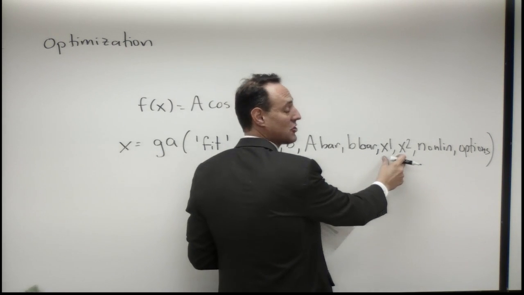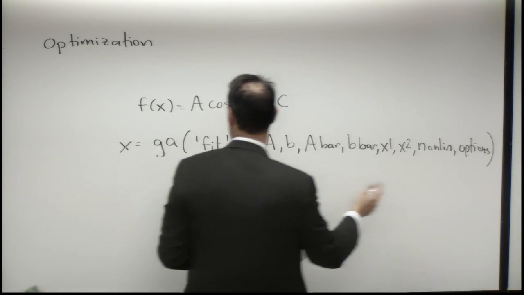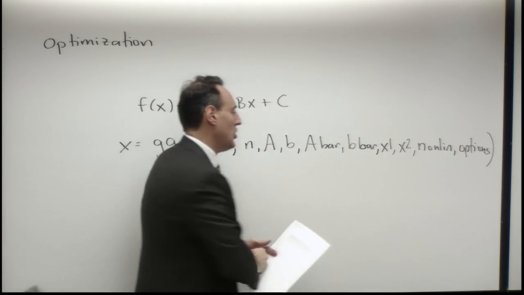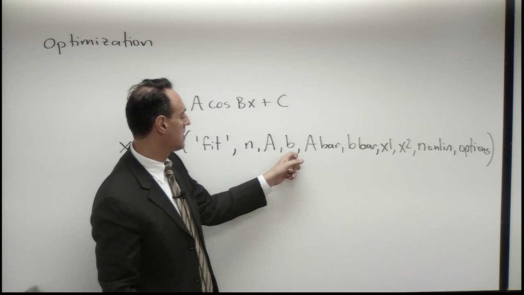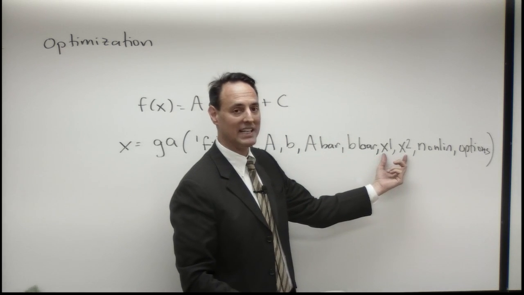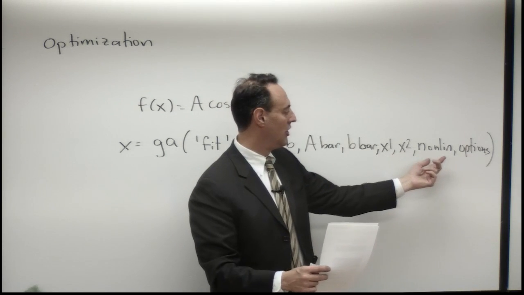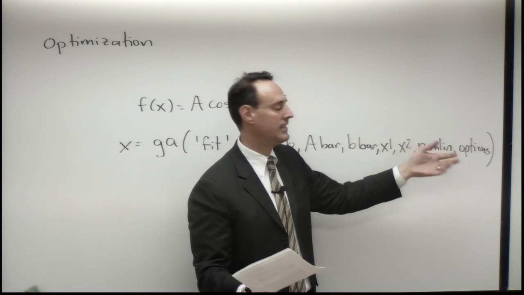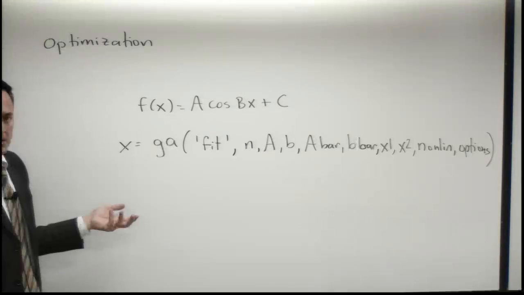Here are your bounds between x1 and x2. Let's not worry about these. That's it. Actually, amazingly enough, notice that these are linear constraints, linear inequality constraints. These are linear brackets: it's bigger than this, it's less than this. You can impose nonlinear constraints and options. That's the generic form. Kind of amazing.